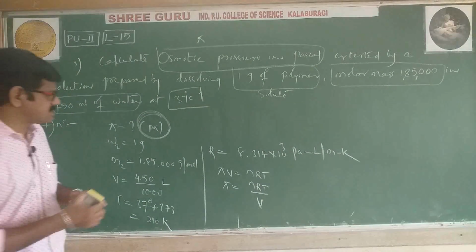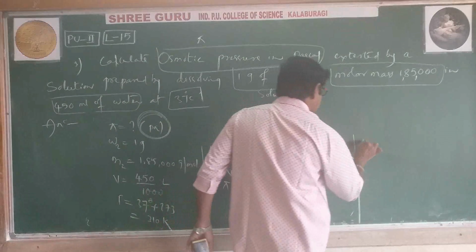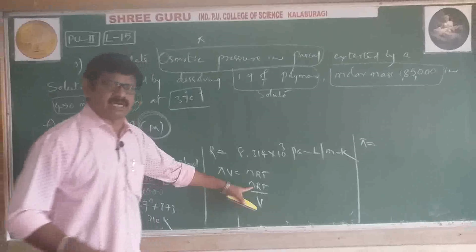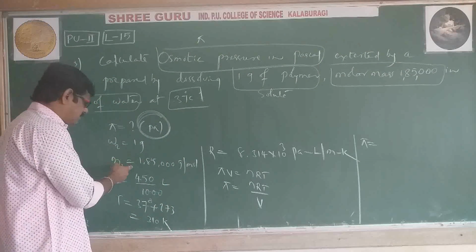Okay. Now we'll just substitute the values. Then pi equals n, nothing but number of moles of solute. Number of moles of solute means mass of solute by molar mass of solute.